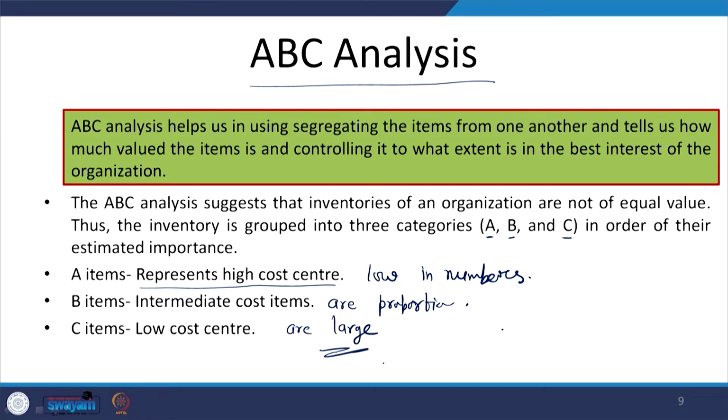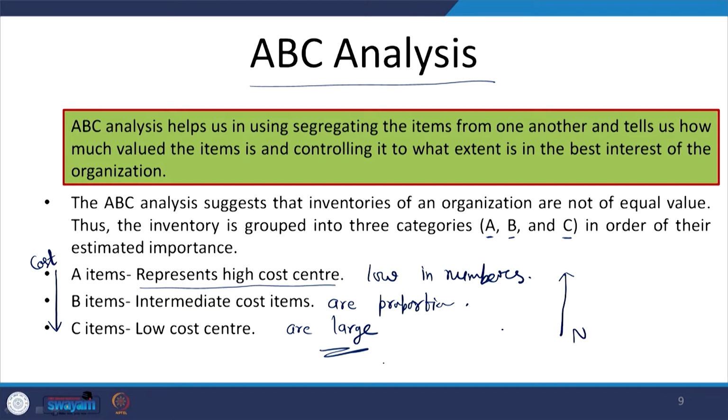So, the cost parameters are decreasing and number parameters are again decreasing as we go from lower to higher side.